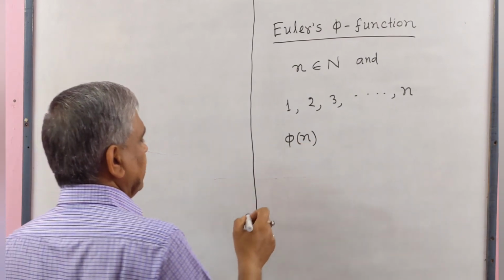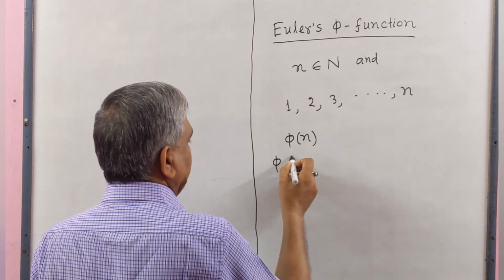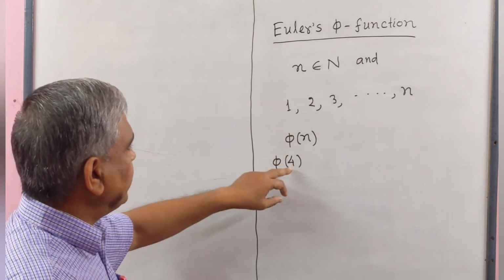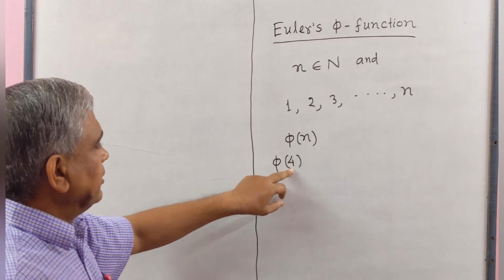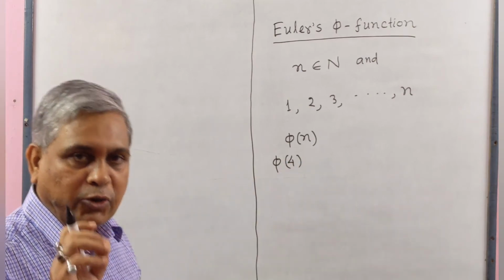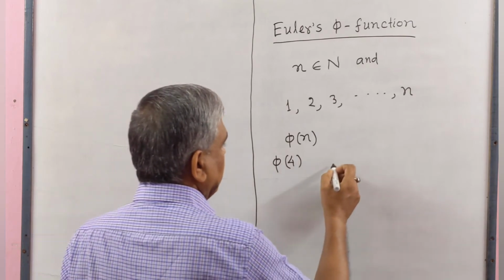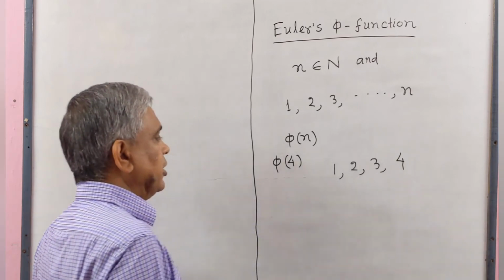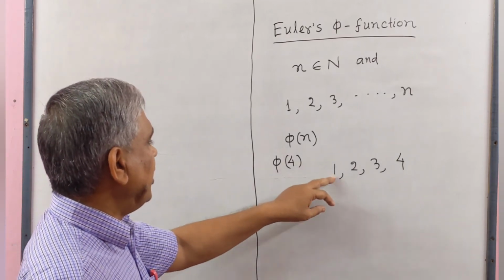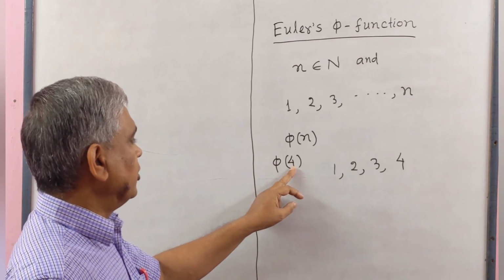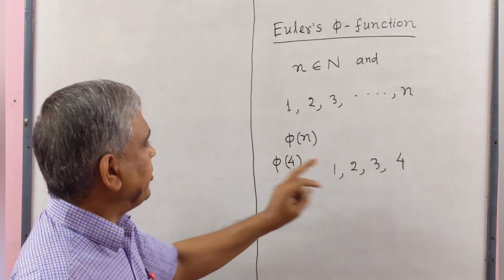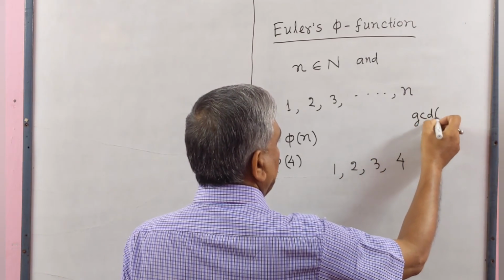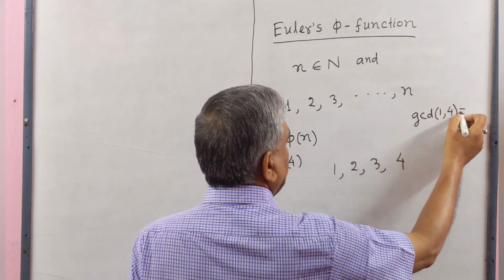For example, we find phi 4. Here n equal to 4. The positive integers not exceeding 4 are 1, 2, 3, 4, in which 1 is prime to 4. Prime means GCD of 1 and 4 equal to 1.